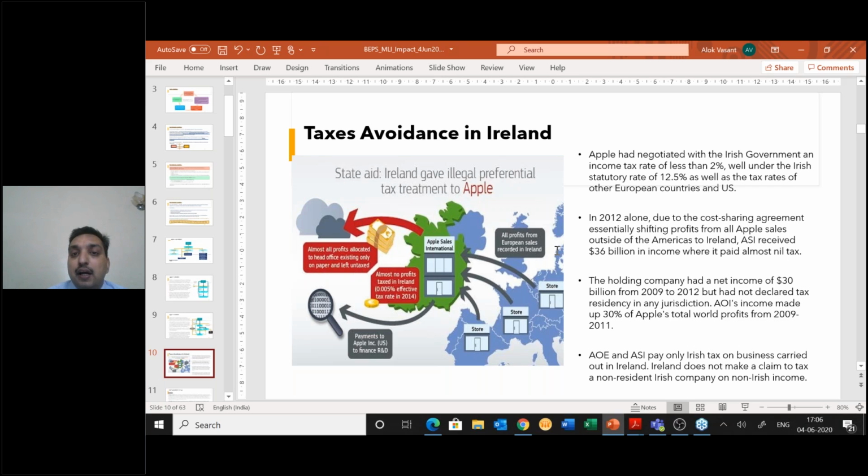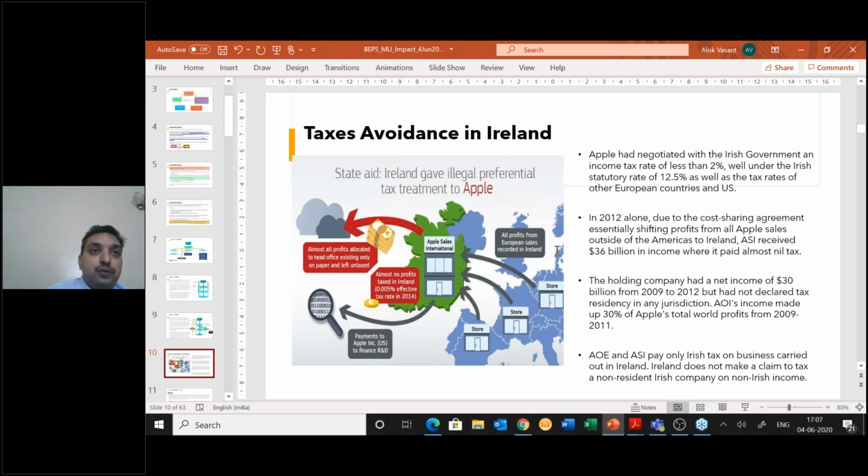And that is something which Ireland did, because Ireland treated Apple as a corporate guest, and they were happy to extend this benefit to Apple. And Apple negotiated a 2% rate with Ireland, even though its own domestic tax rate was 12.5%, and the tax rates in European countries and US was even higher.